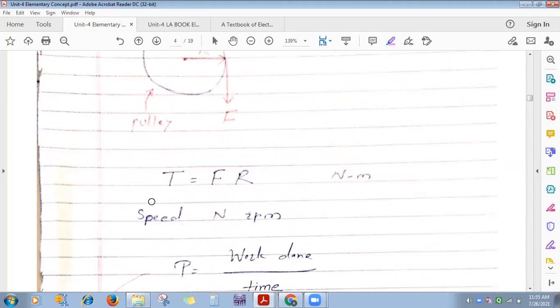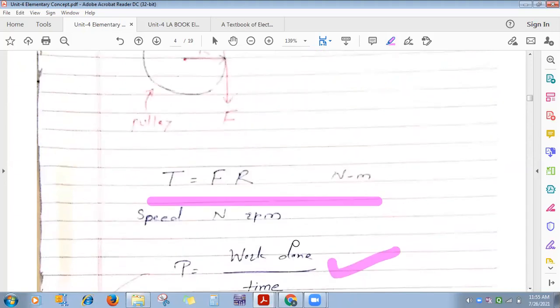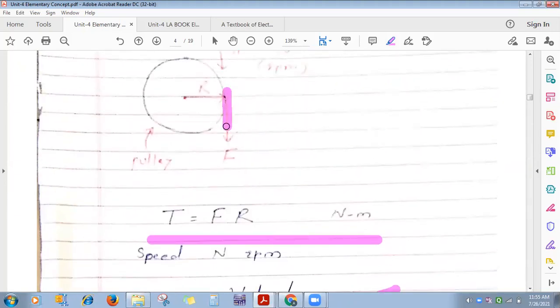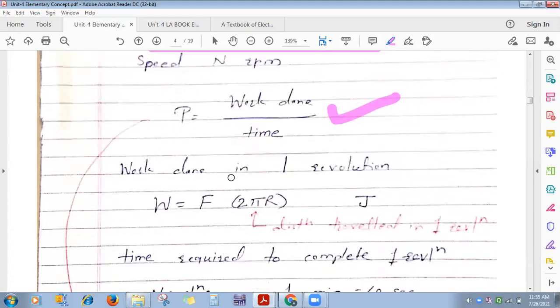So whatever torque is produced, it will be force into radius, isn't it? Unit is Newton meter. Power we have seen, it is the rate of doing work. So work done upon time is the power. So whenever you are applying some force here and the pulley with radius capital R rotates at speed N RPM, how much is the work done?